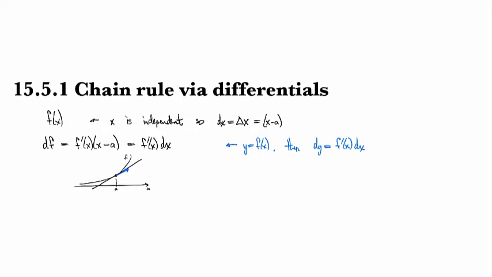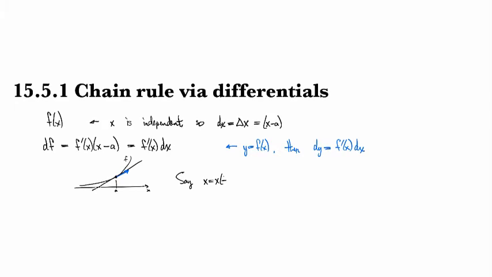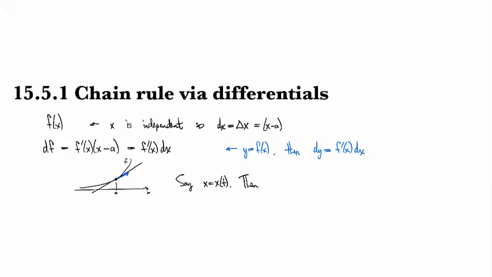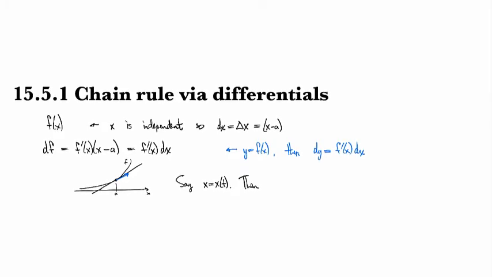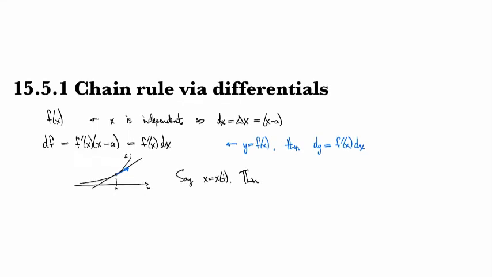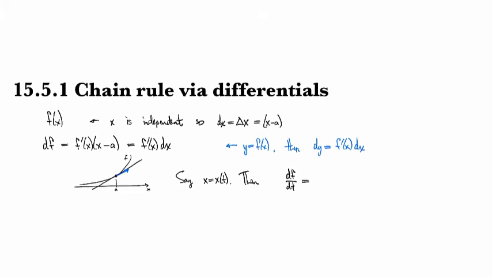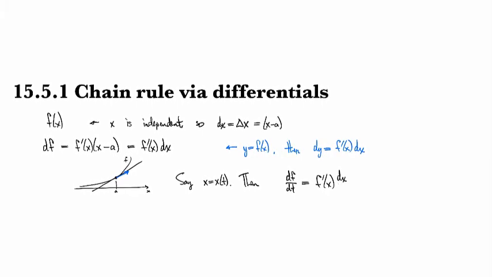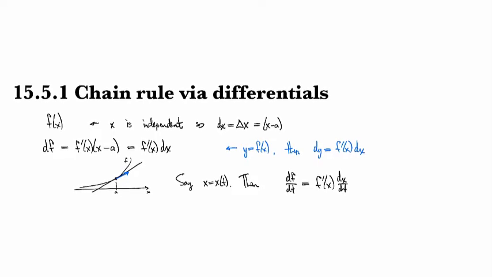Okay, so now say that x is actually a function of t. So our horizontal location depends on, say, time or something like that. Then we take this formula, and it becomes the derivative of f with respect to time is equal to f prime of x dx dt.